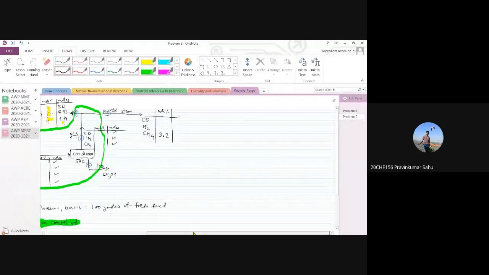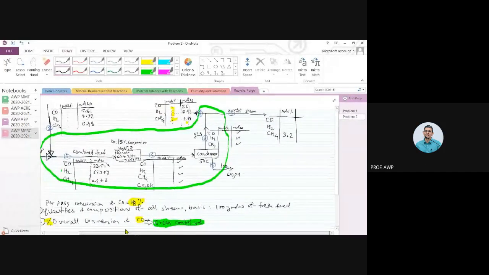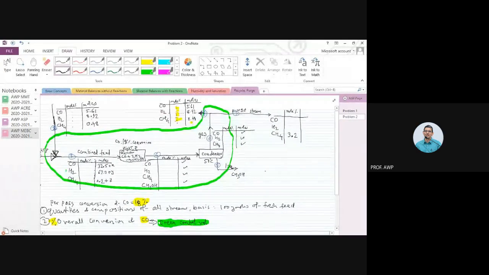Is it 0.48 divided by 0.48 plus 8.92 plus 5.61, into 100? That's 3.2. Very nice.